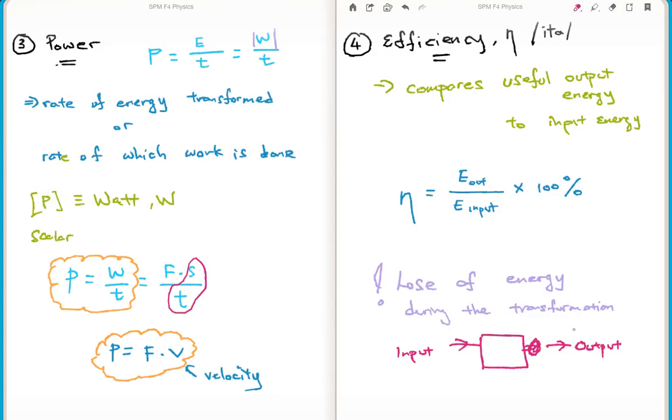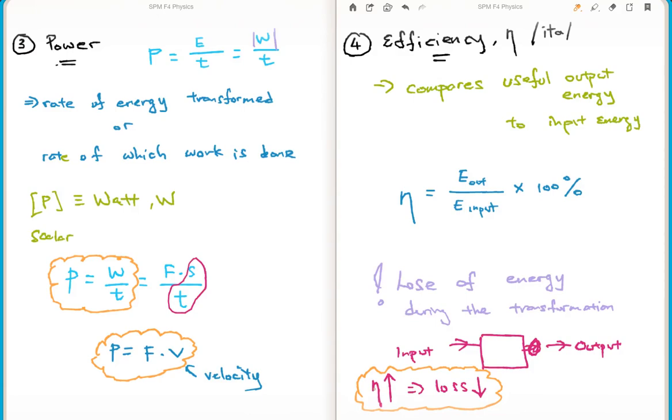The importance of efficiency is because it's all about energy loss. You want high efficiency so that you have low loss. That's the main purpose, right? If your efficiency is high, your loss is low, then you need to pay less. High efficiency, low loss of energy.